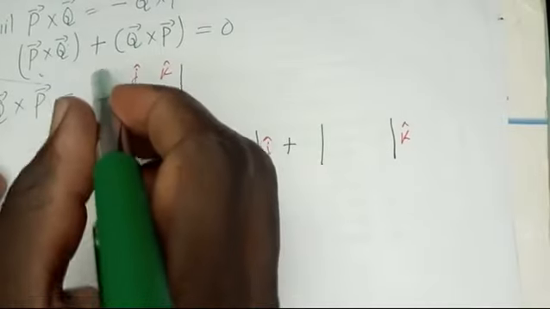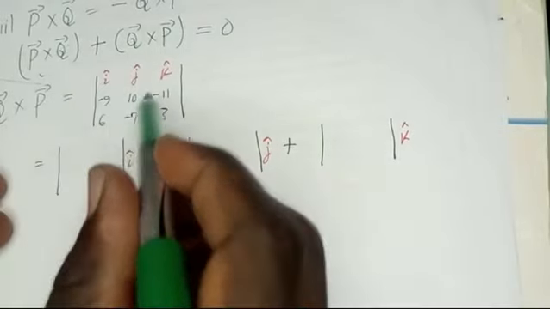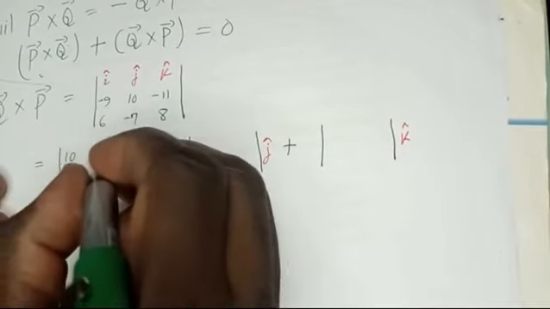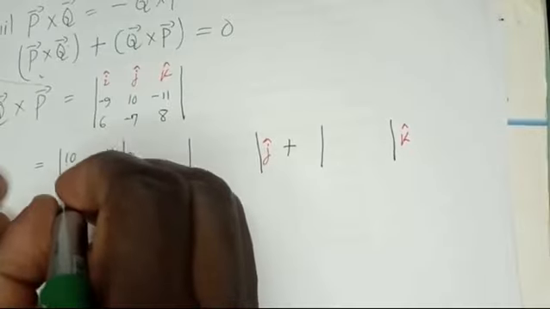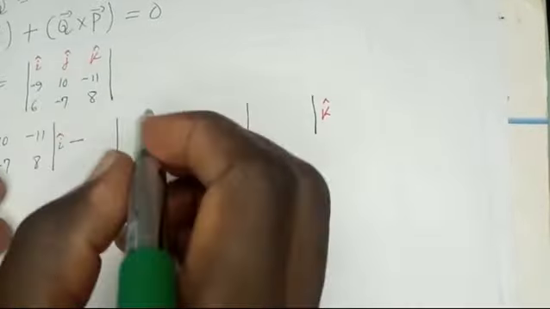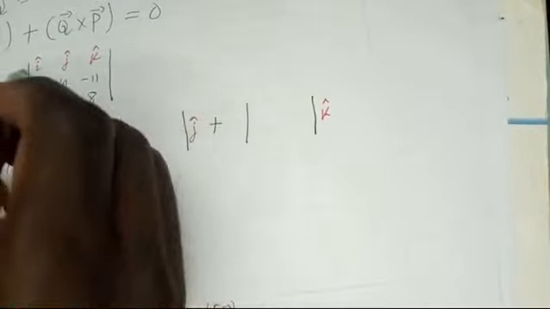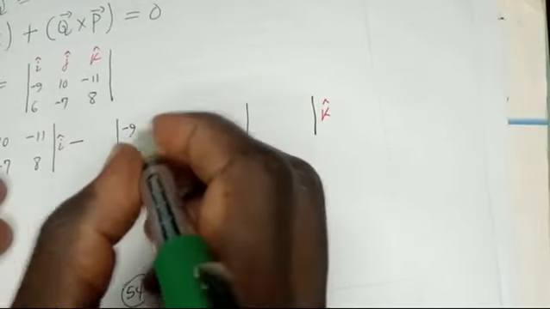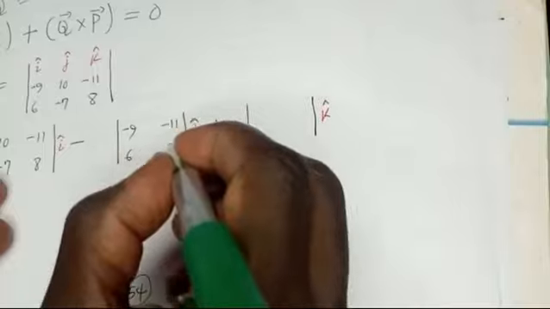Here for i cap, I ignore the column that has i, and the rows have these values: 10, minus 11, minus 7, 8. And then here I ignore this column: minus 9, 6, and then minus 11, 8.